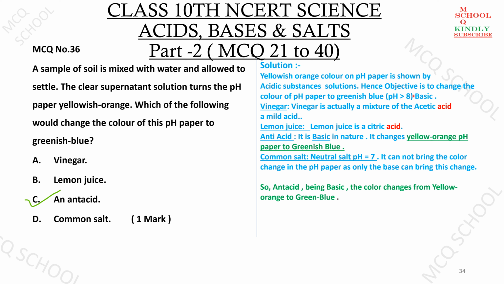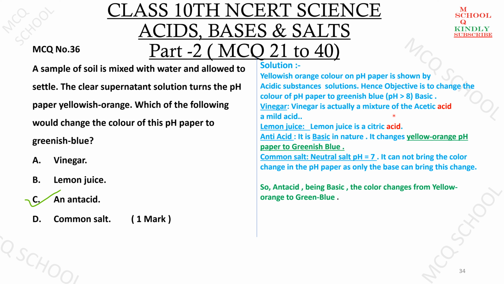So the objective is to change the color of the pH paper to greenish blue. That means we want the pH to be slightly greater than 7, basic in nature. Presently the soil is acidic. We want to make it slightly basic. So let us check the options.